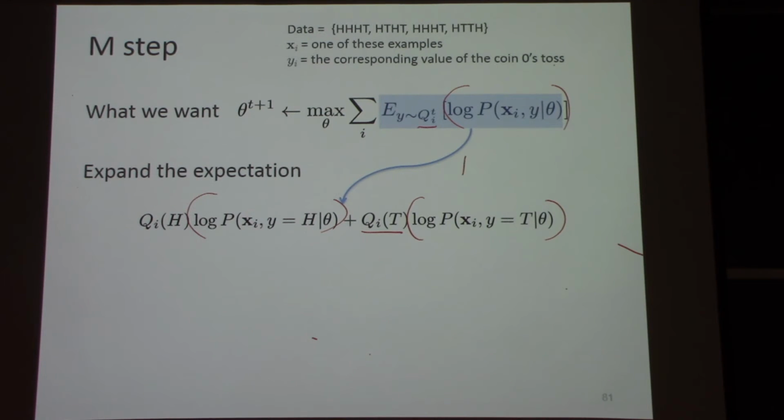This is just the definition of the expectation, except that instead of p, it's a q. I've just expanded this. Y can either be heads or tails, so you have two terms in this expectation.